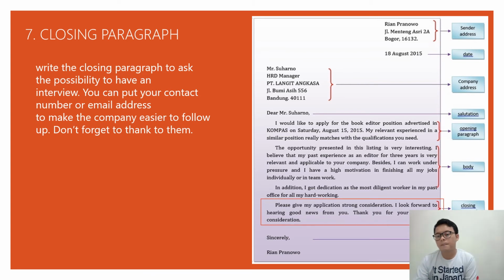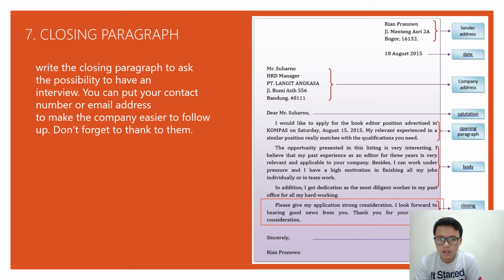Closing paragraph, right? This closing paragraph is only to indicate if the company wants to contact you.